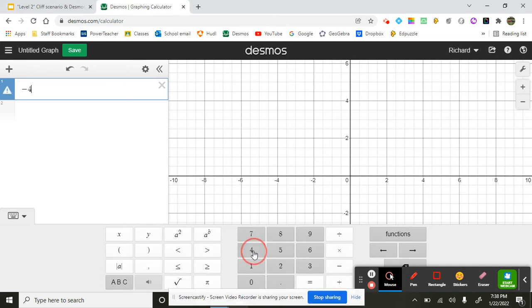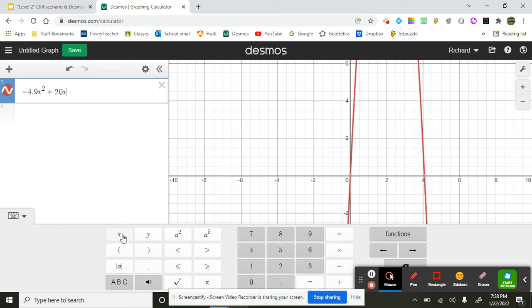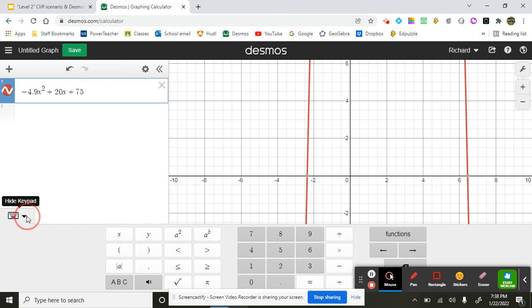Negative 4.9. They don't have t, but just use the generic x. And then here's the exponent for squared. And watch, as soon as we add this, it'll take this line and convert it to a parabola. So negative 4.9 x squared plus 20x plus 75. We're just graphing that expression.